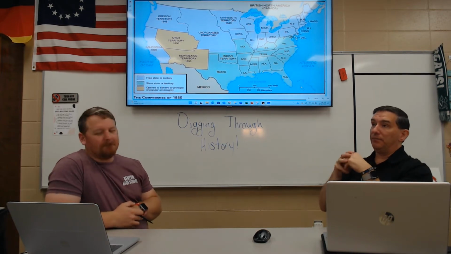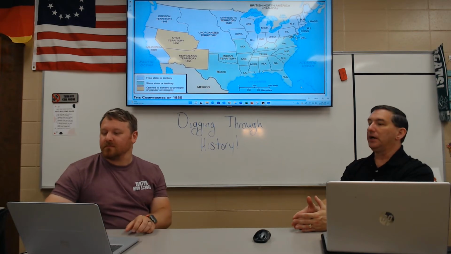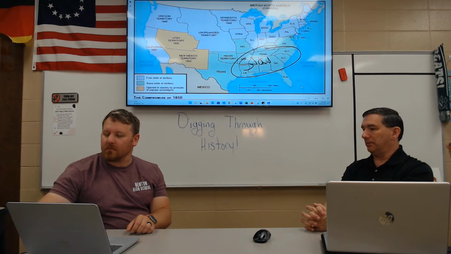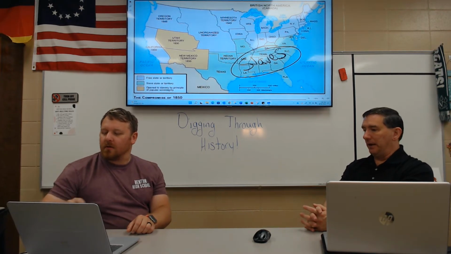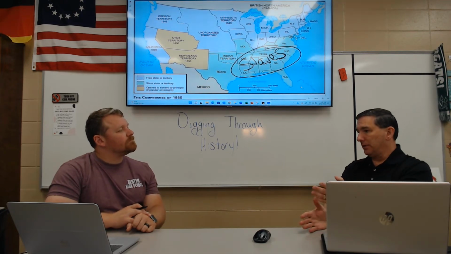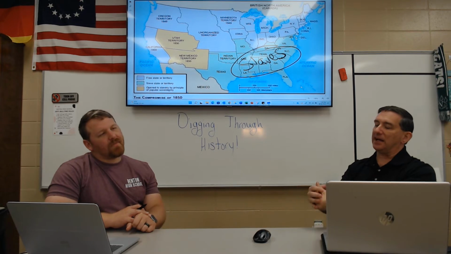The South is doubling down on their commitment to black slavery, especially in those deep South states, Alabama, Mississippi, Georgia, that are heavily cotton. Because of the cotton gin, I can't remember what the multiplier was. It took so long to get the seeds out of cotton by hand.